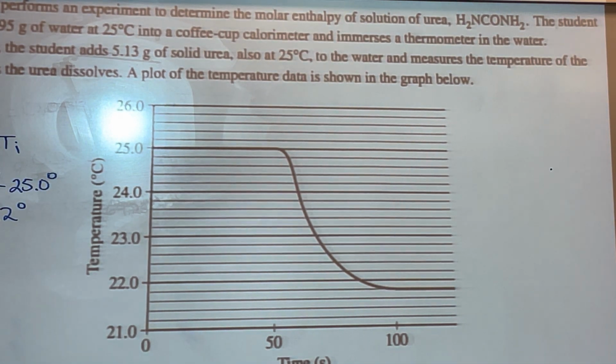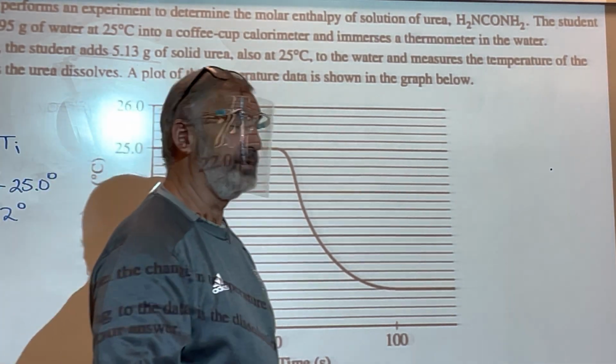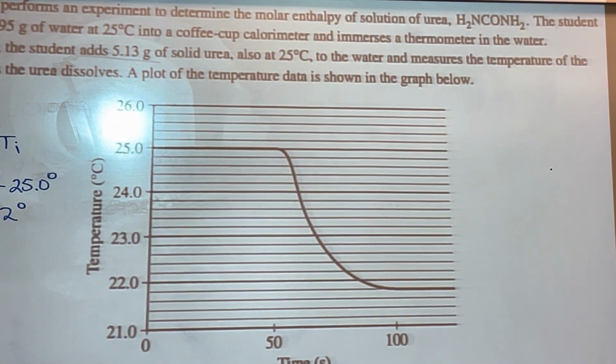The change in temperature is negative. So when I put that into negative MC delta T, the negative and the negative are going to make it a positive delta H. But if it gets cold, the temperature goes down, it's endothermic. Temperature goes up, it's exothermic. It's that simple.